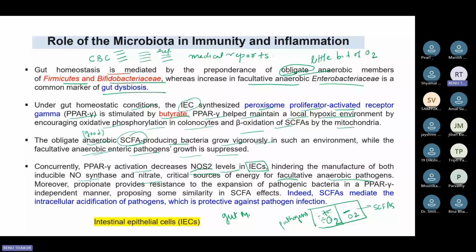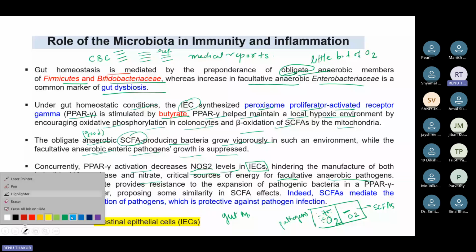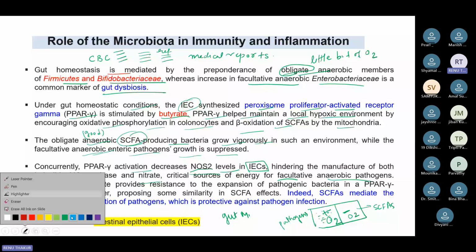Let me highlight the conditions in blue color. So it will encourage oxidative phosphorylation, the first thing, and the second thing, beta oxidation of fatty acids by the mitochondria to produce what? ATP.